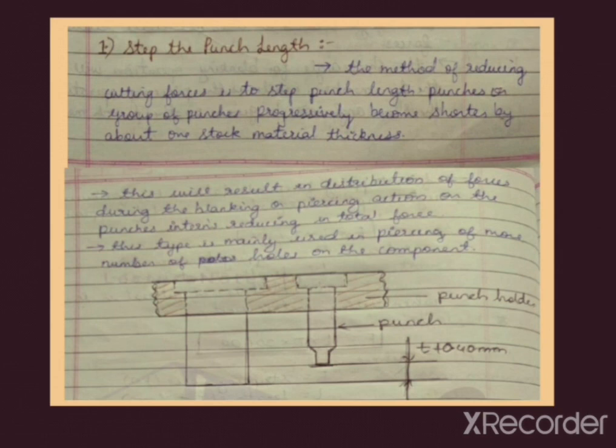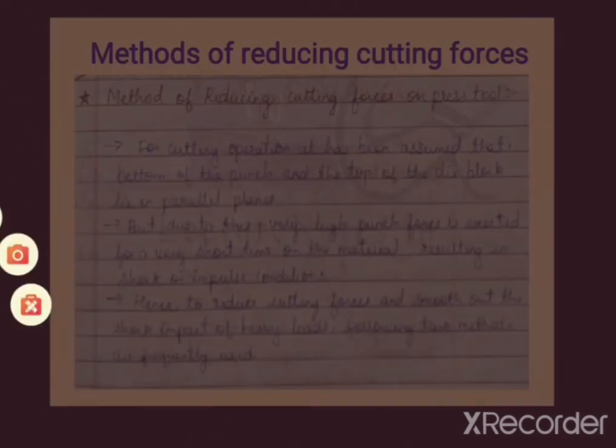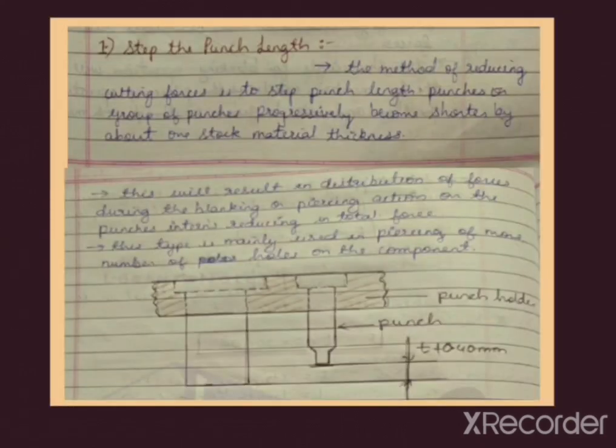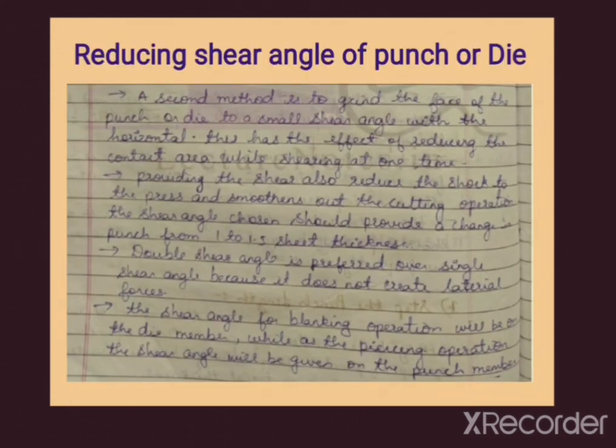This will result in distribution of forces during the blanking or piercing action on the punches. So it reduces the total force. This is mainly used in piercing a number of holes on the component, so the force is distributed among them.